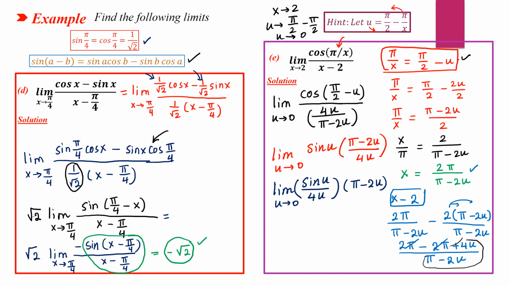For the first one, we have sine u over 4u, which is sine 1u over 4u when u goes to 0. This equals 1 over 4, multiplied by pi minus 2 times 0, which is pi. So the final answer for this part is pi over 4, and that's it.